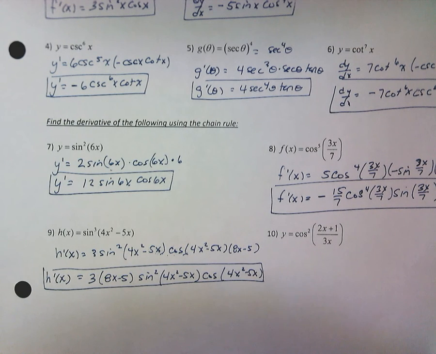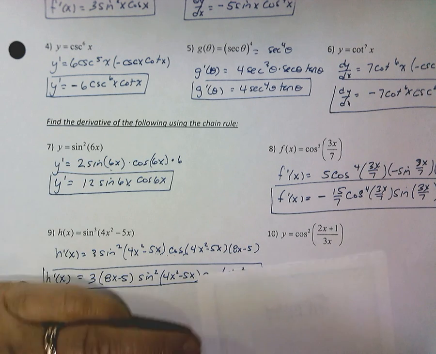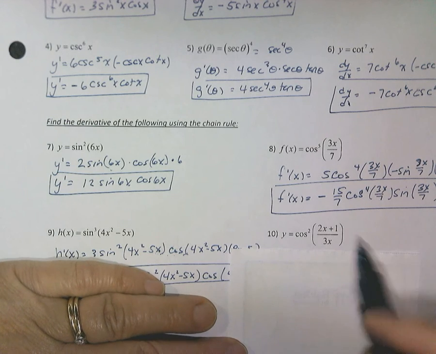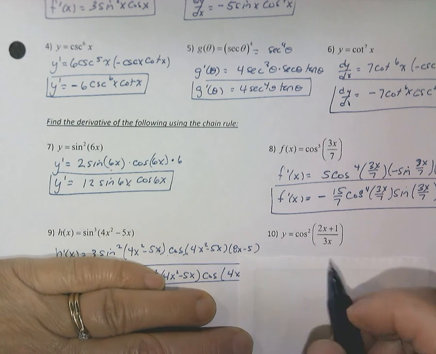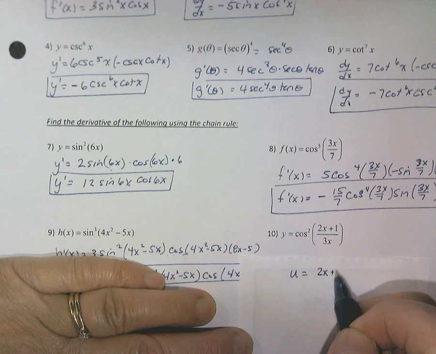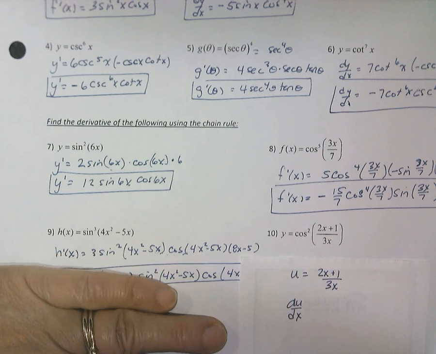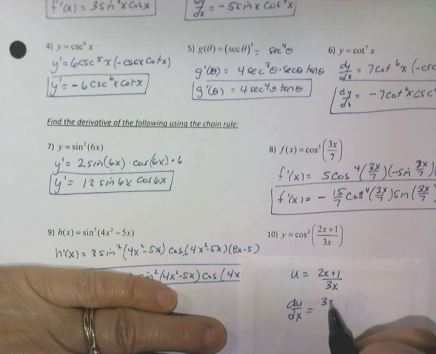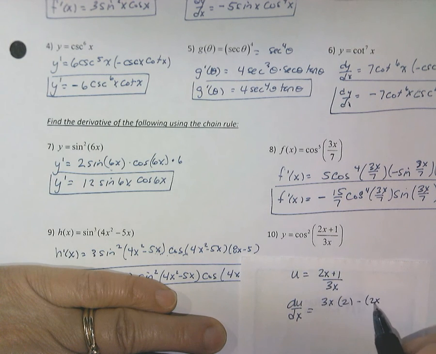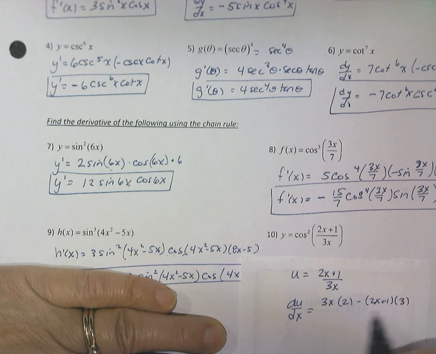Now the last one's going to be a little bit longer because I'm going to have to use a quotient rule. So let me do it so there's not too much going on. Let's first find the derivative of this 2x plus 1 over 3x. So if u is equal to 2x plus 1 over 3x, du/dx is low d high minus high d low, all divided by low squared.